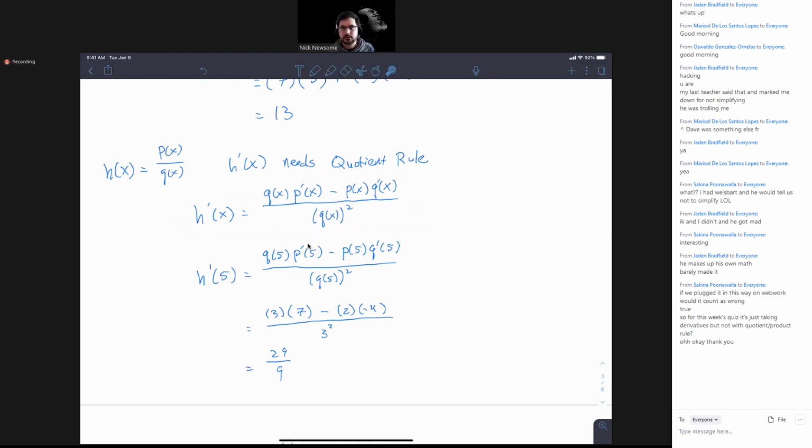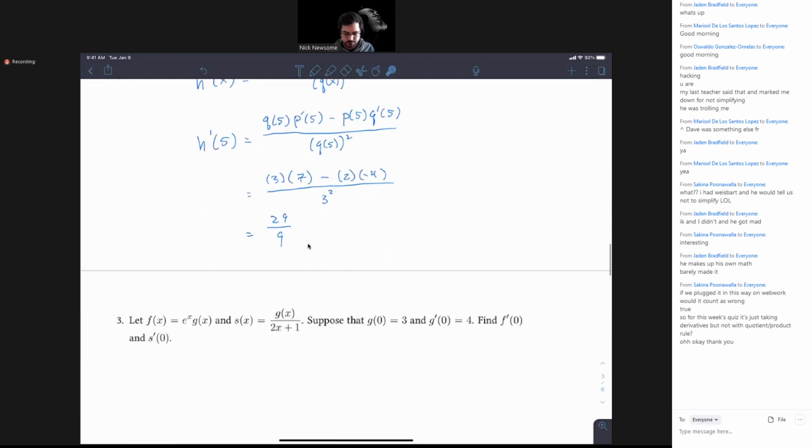If you write that down at the top of your page anytime you do anything, then you can do derivatives of functions that are quotients.